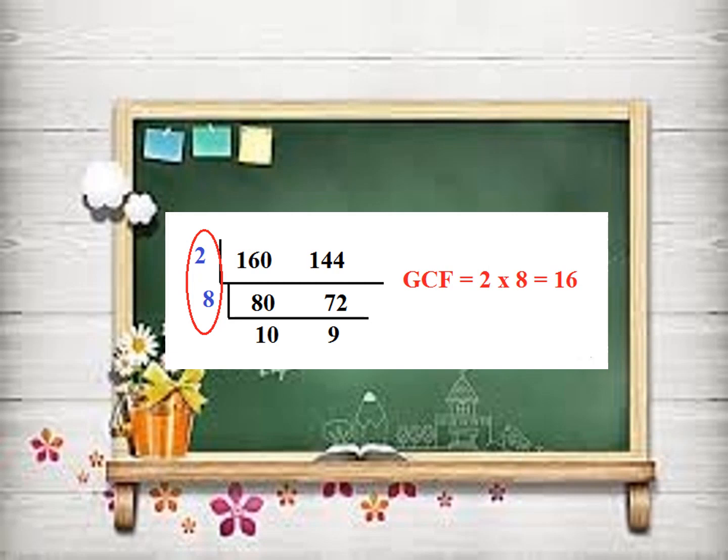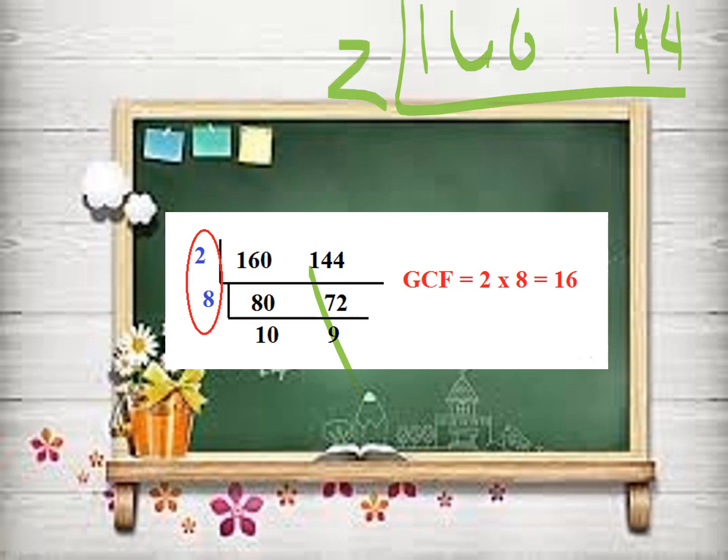for example, 160 and 144 divided by 2. The answer is 80 and 72.